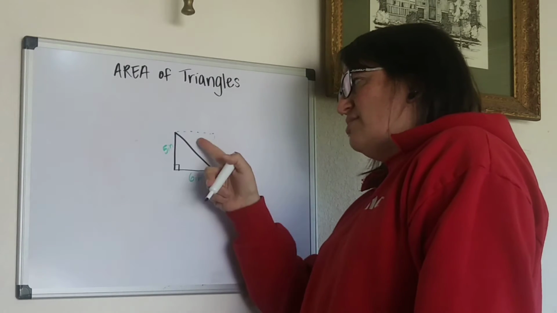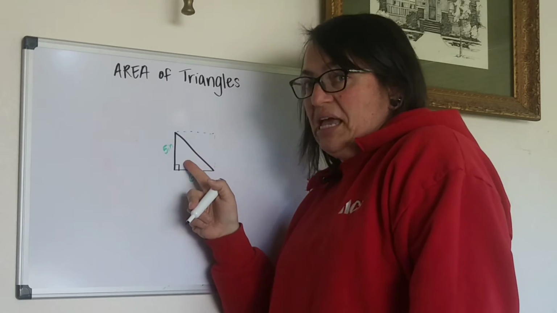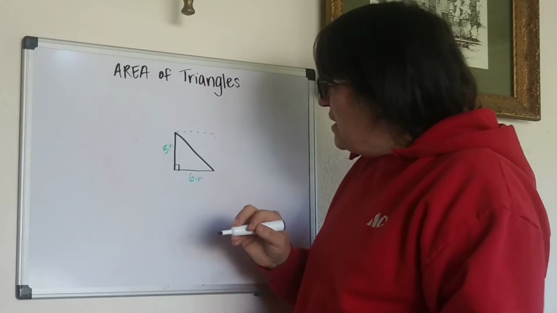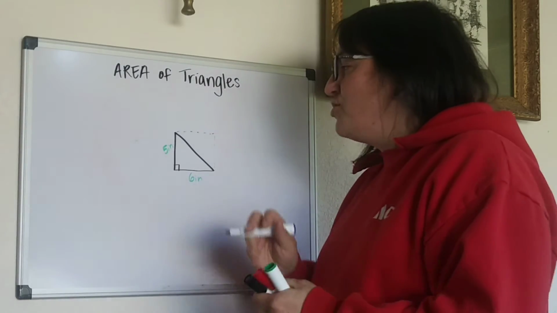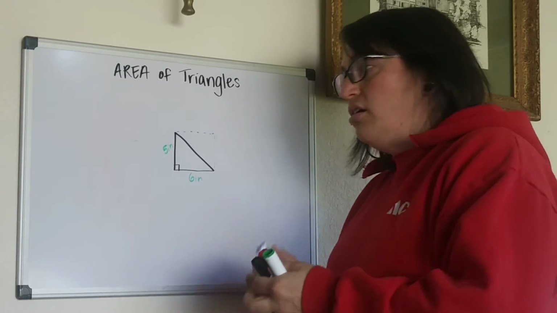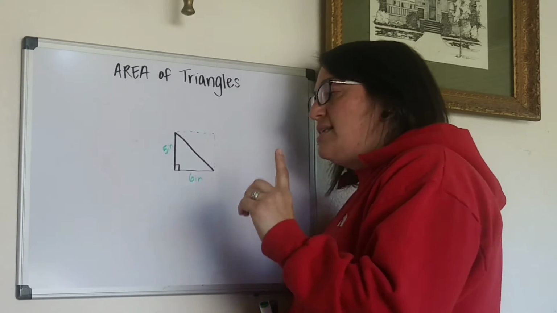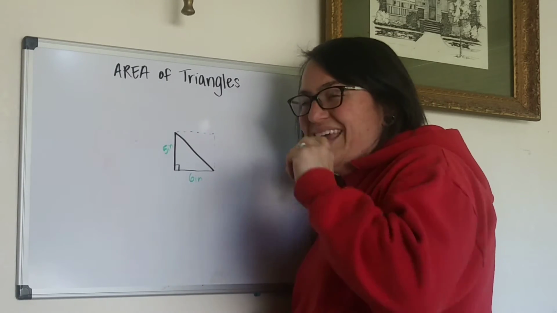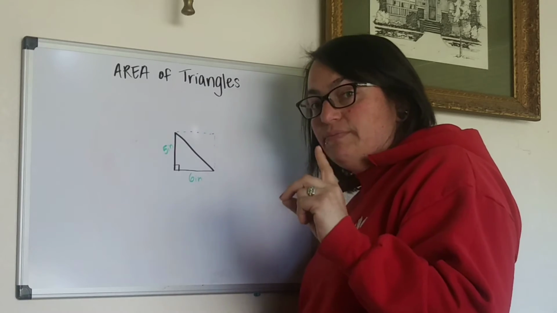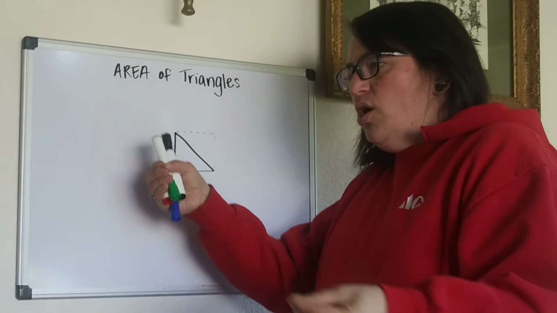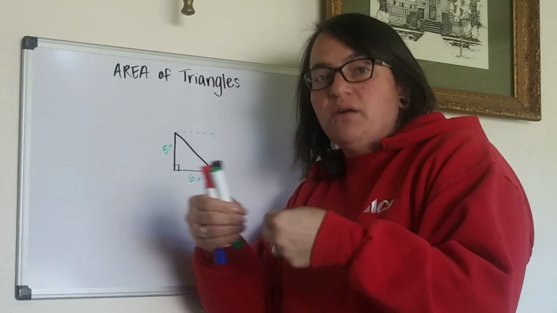Well, wait a minute. Do you see that that triangle and that triangle are the same? I am not a computer, so they may not be exactly the same because it's hand-drawn, but in theory, they are the same. So all you have to remember is that if you take any triangle and double it, like you put it on a photocopier and make the exact same one and cut them out, when you put them together, you will make a parallelogram.